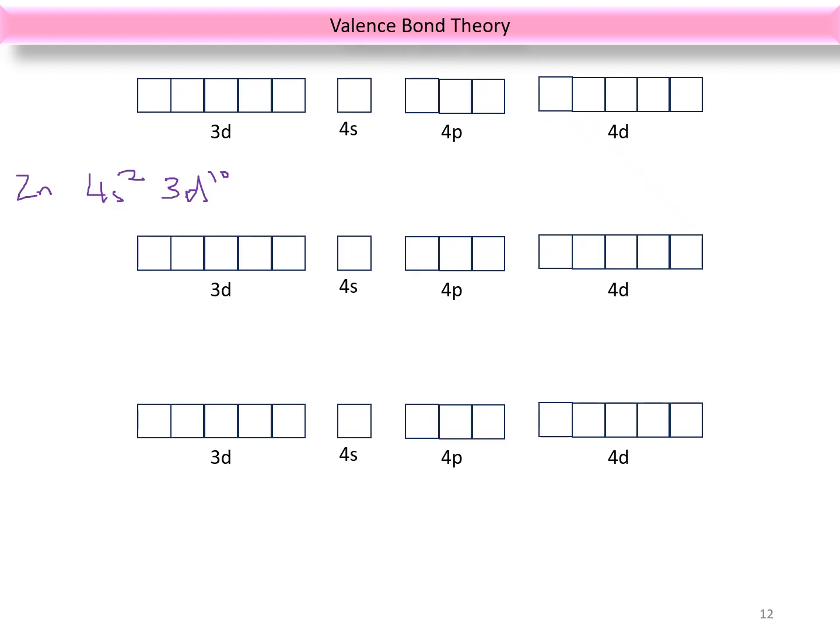Zinc at its ground state configuration is 4s2, 3d10.